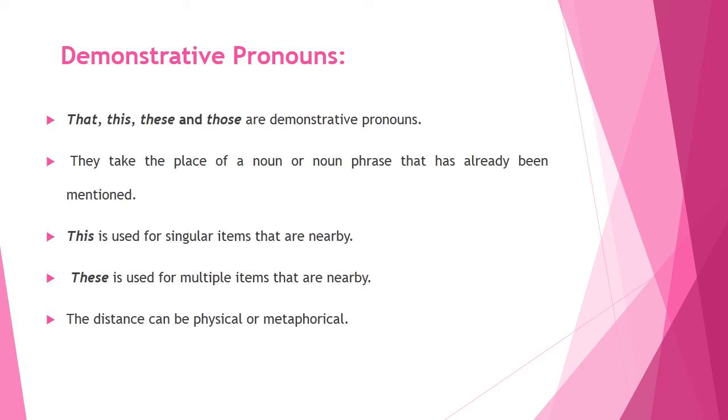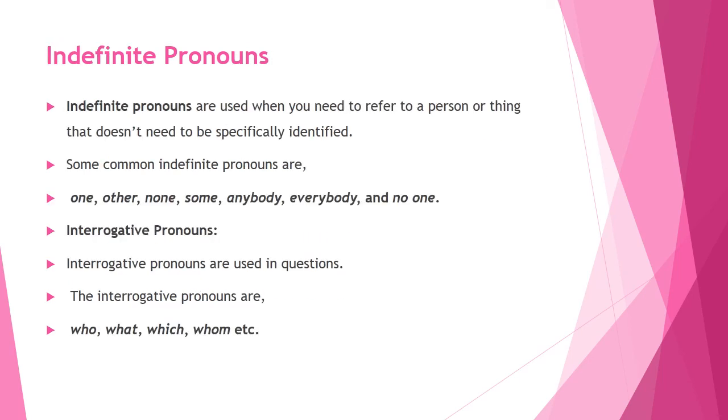The distance can be physical or metaphorical. The next type of pronoun is called indefinite pronoun. Indefinite pronouns are used when you need to refer to a person or thing that doesn't need to be specifically identified. Some common indefinite pronouns are one, other, none, some, anybody, everybody, and no one.